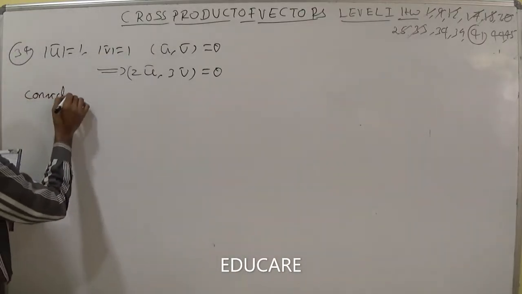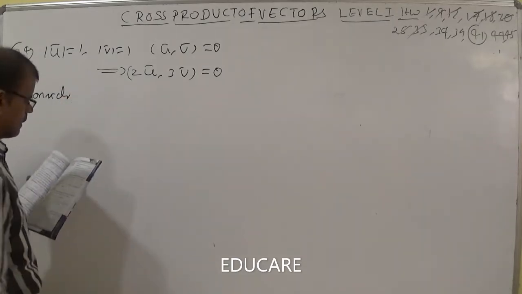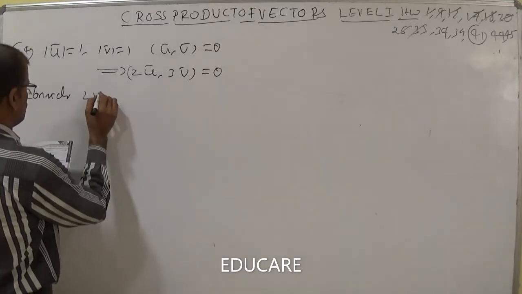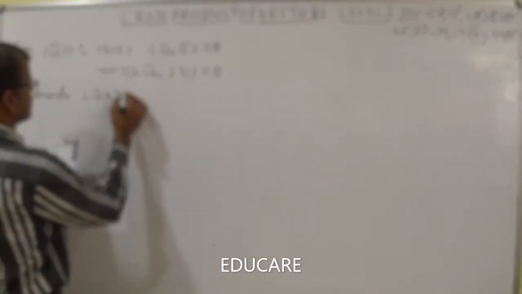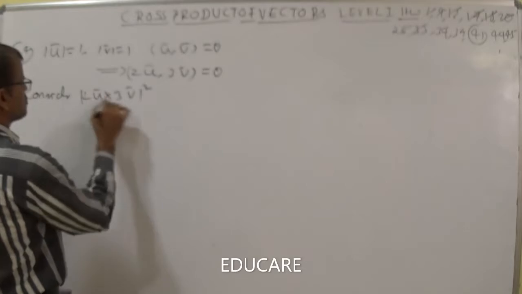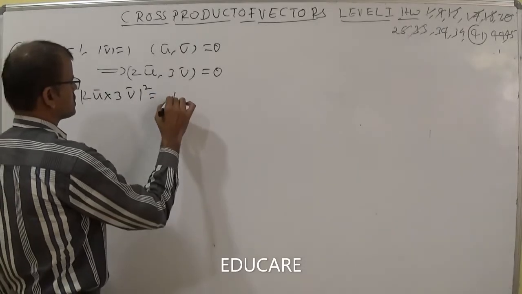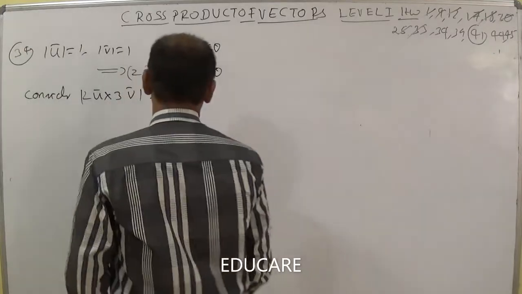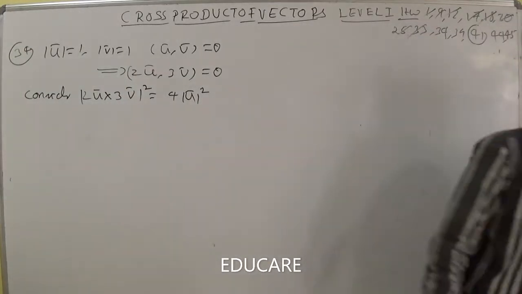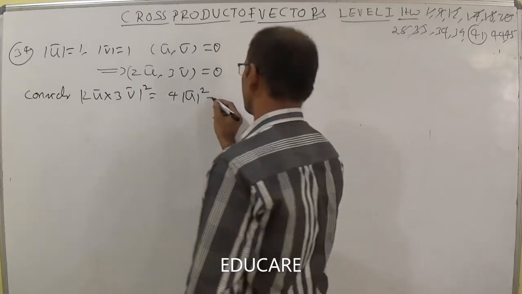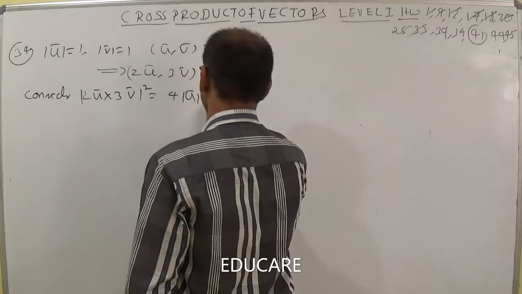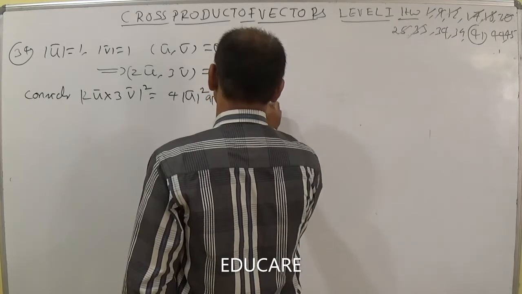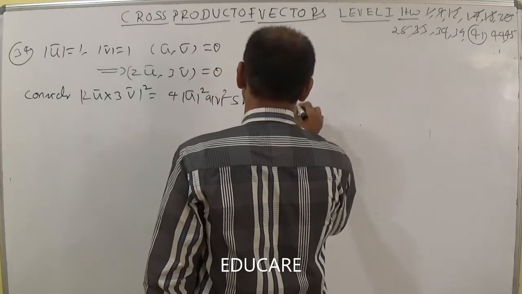Consider theta, which we should calculate according to the options. He is asking about 2u cross 3v whole square. According to the cross product theory, you can write 4 mod u square into 9 mod v square into sine square of the angle between 2u bar and 3v bar.